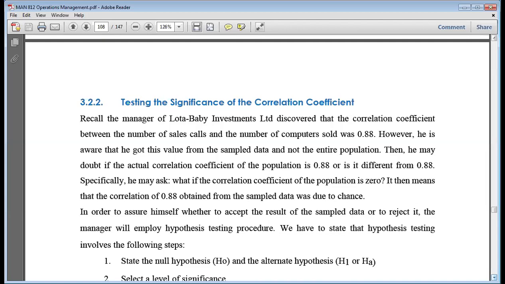That is when you say the hypothesis holds.